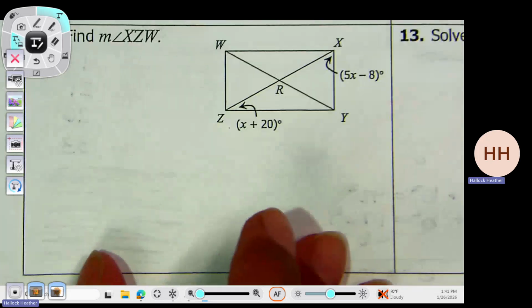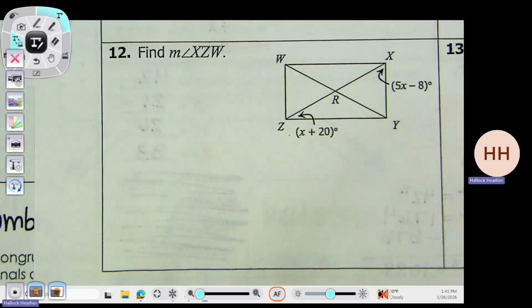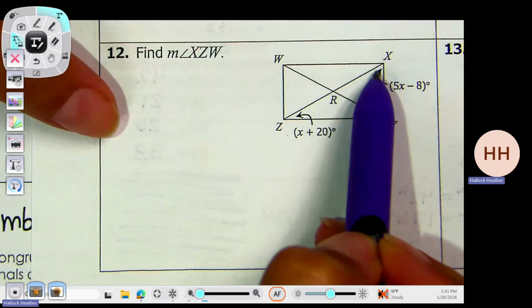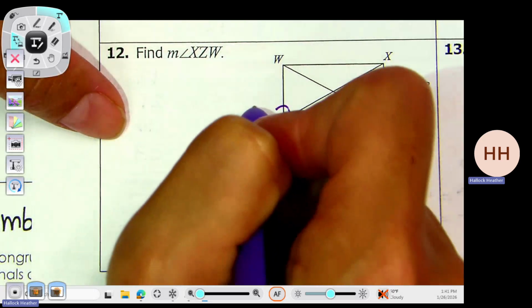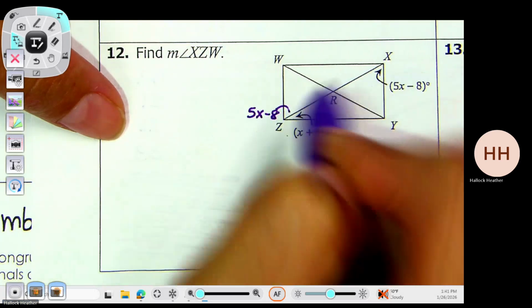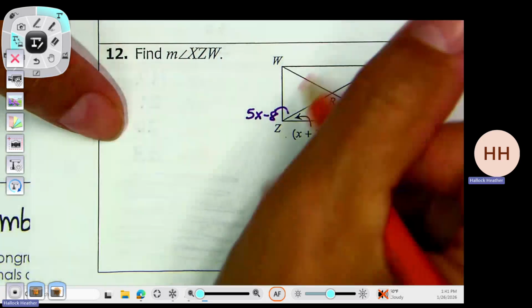Now for 12, do these angles look the same? No, they're not. What should I do? Add equal to what? Not to make 180, 90. Because if I jump across the transversal, this one can go here, and then they're in the corner together.